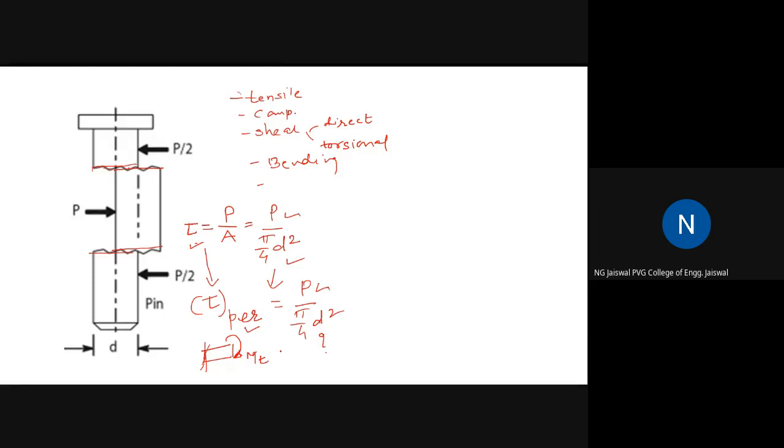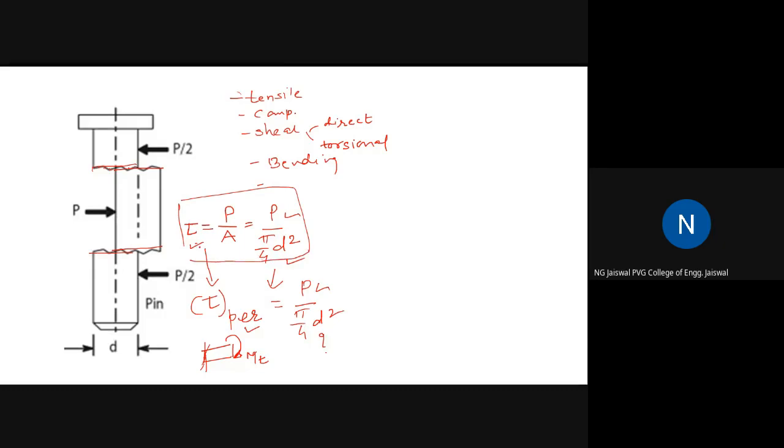What we did: we first identified the component in the system, we identified the forces in the system, and accordingly we identified the type of stress that will be induced in the component. Then after identifying the type of stress, we wrote the corresponding equation of that stress. We saw what is known and what is unknown.